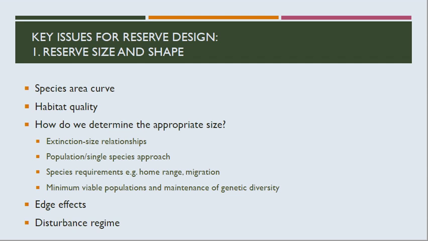So species area curves can be quite good tools for estimating reserve size required. The habitat quality is important, whether the habitat has been degraded in terms of metapopulation dynamics, whether the habitat patch is a source habitat patch or a sink habitat patch.